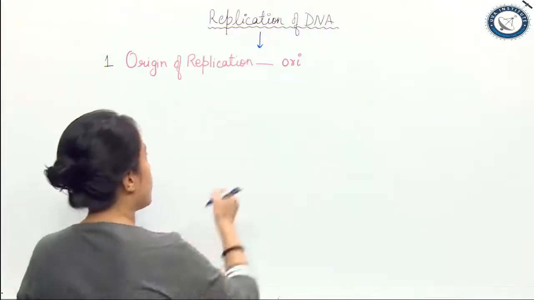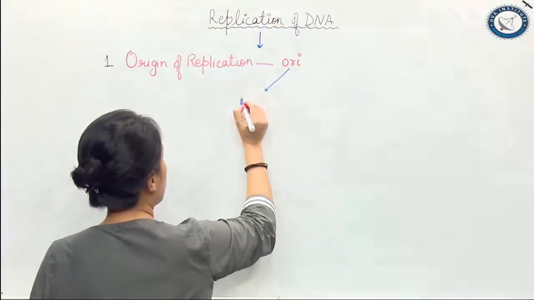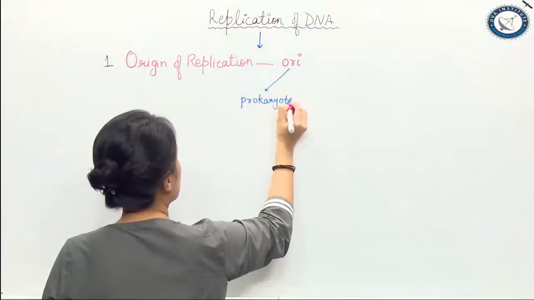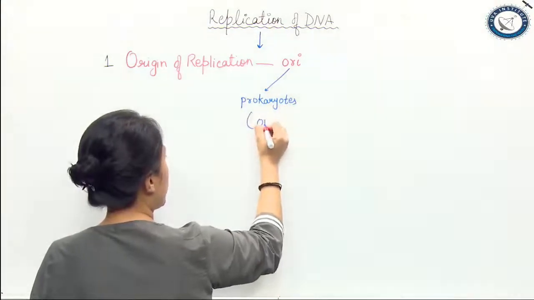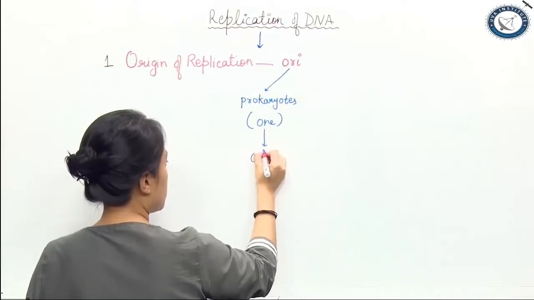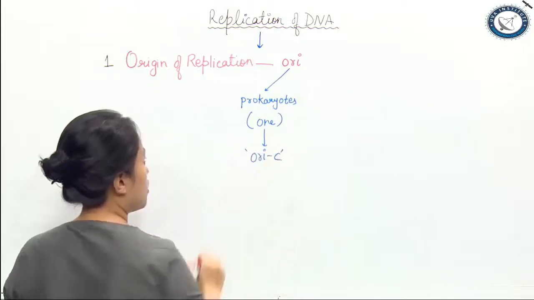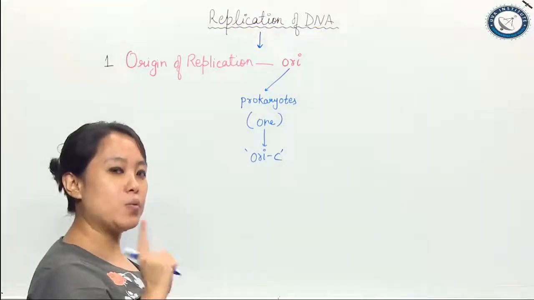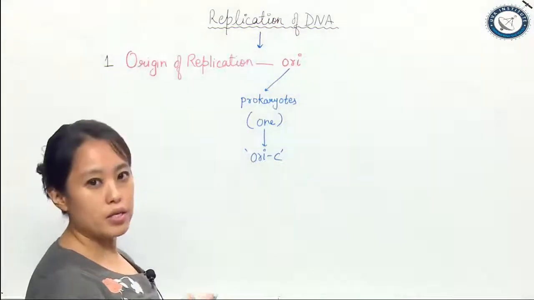Okay? So I'll write it down: in prokaryotes only one ori is there, and that one ori is also known as ori C. Again, prokaryotes have only one origin of replication, known as ori C.